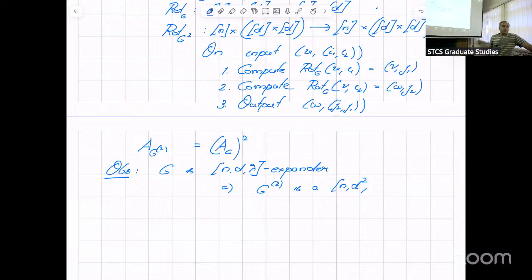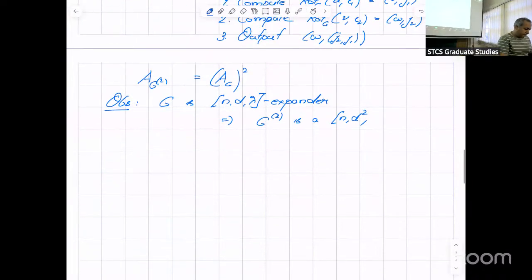So the maximum lambda is the maximum of lambda 1, lambda 2 and the modulus of lambda. More precisely, suppose A_G f was lambda f.